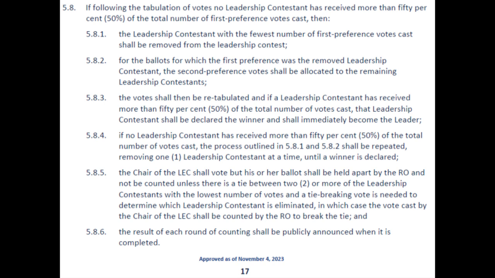At the conclusion of the steps laid out in sections 5.8.1 through to 5.8.4, the second preference of the supporters of the top 2 candidates have not been looked at and factored in. This is usually a very significant amount of information, and not factoring it in can result in an outcome that does not achieve the objective. The obvious question is, if the steps have such a critical flaw, why are they being used by so many organizations?